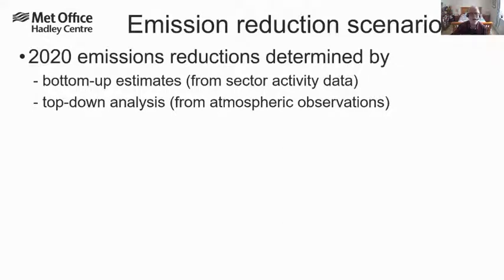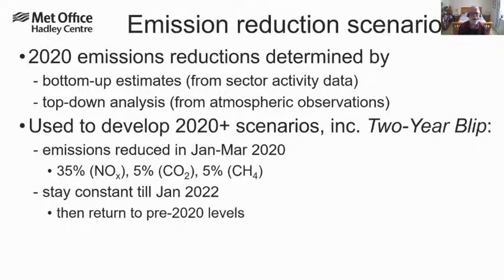So those reduction scenarios have been developed in that fashion, and they've been used to develop scenarios for beyond 2020, including the one that we're going to be spending most of our time talking about, called the 2-year blip.